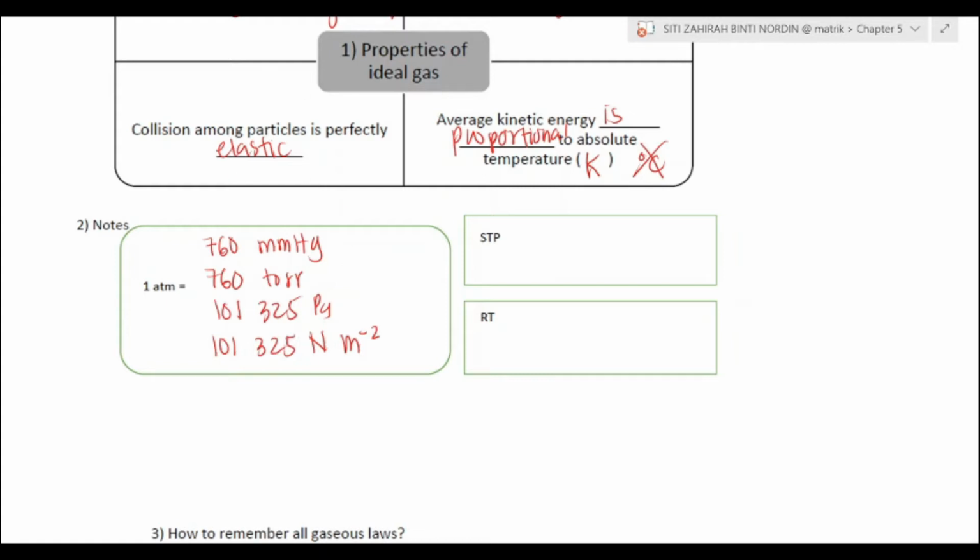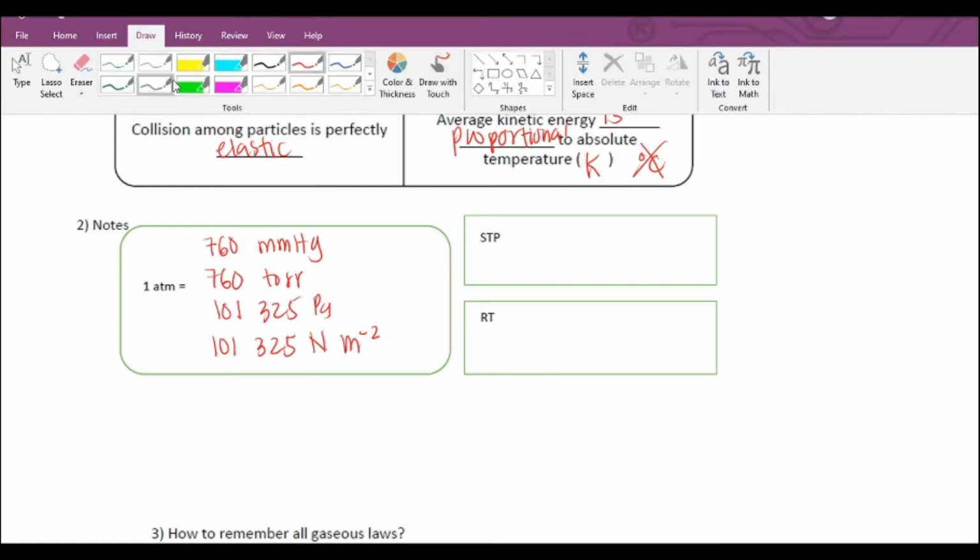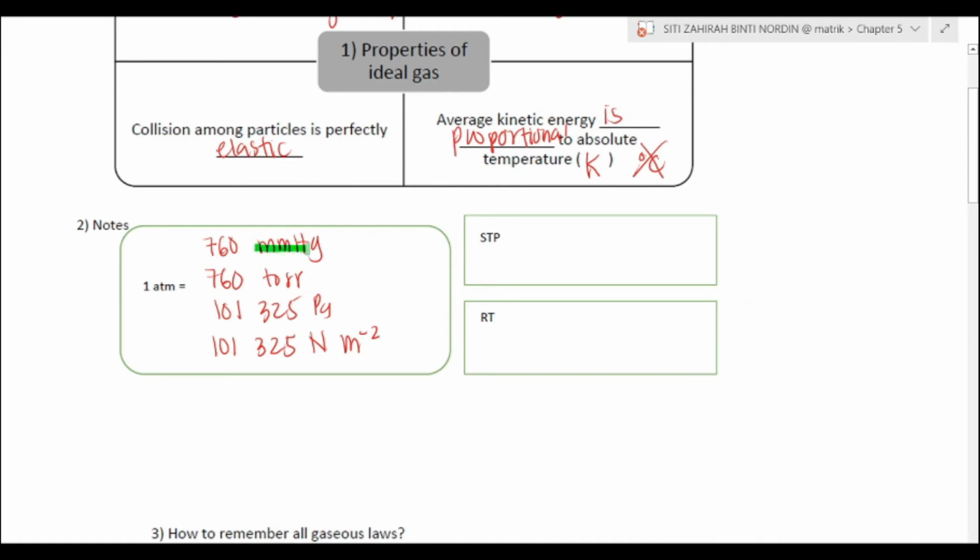So if the pressure in the equation is in the unit of millimeter mercury, torr or Pascal or Newton per meter square, you have to convert it to atm. Well, it depends on the question.